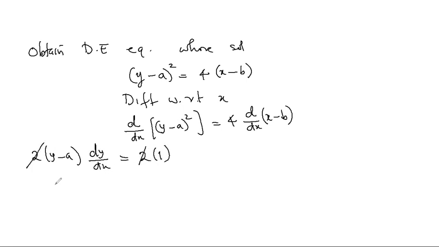The 2 and 2 went away. So I got (y minus a) into dy by dx is 1. Tell me what is the next step. Sir, it should be 4 on the right hand side. 4, it was there, no?